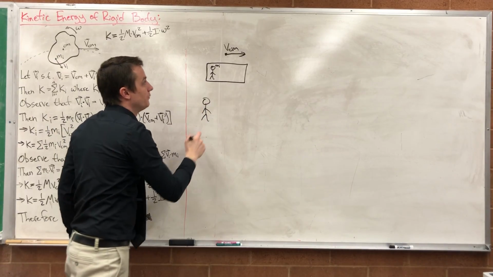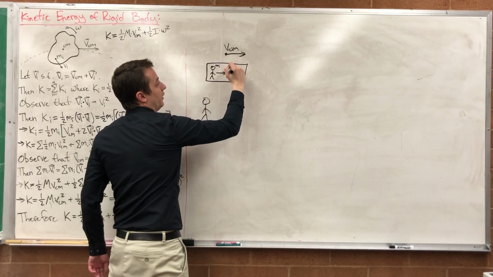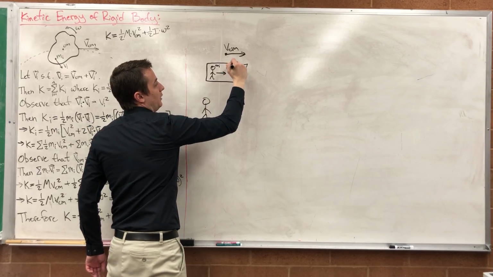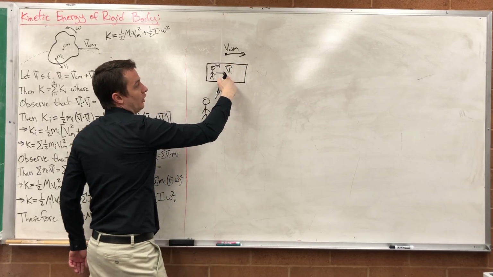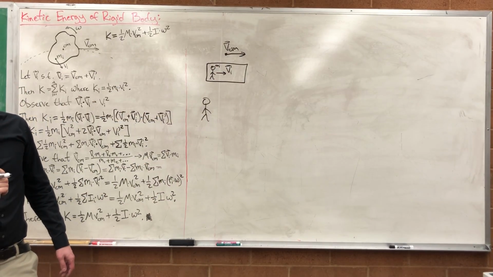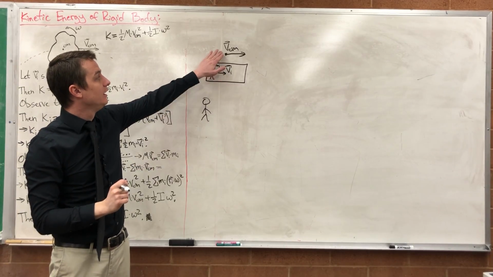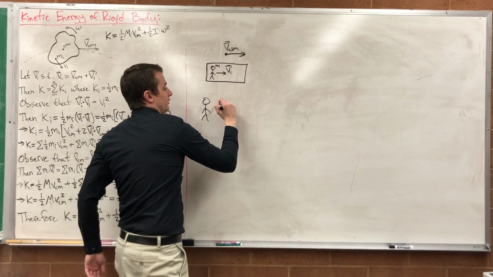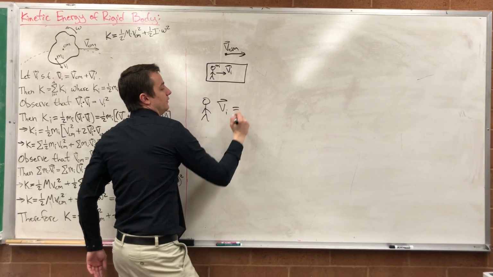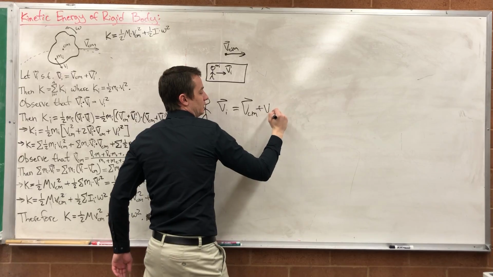Inside the train, I'm also moving with a velocity v sub i prime. My velocity is relative to the train's velocity. So inside the train, here's my velocity. Here's the velocity of the train. What's my velocity to you? It's equal to the velocity of the train plus my velocity relative to the train.